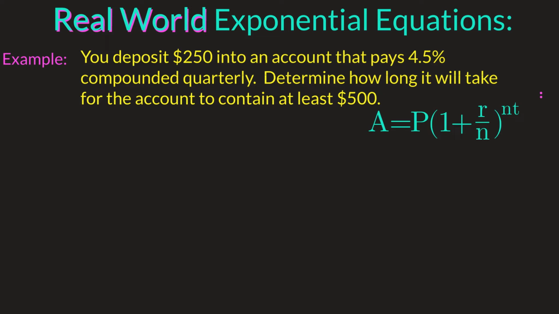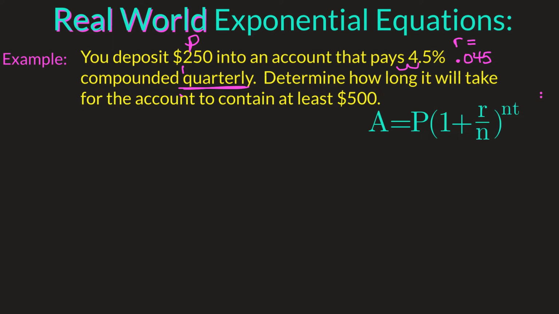We're going to deposit $250. Now this is going to be our P. That's what we put into an account that pays 4.5% interest. Well, remember you need to move that decimal over 2 places. So this is going to be our r. r is going to be equal to 0.045. It's compounded quarterly.